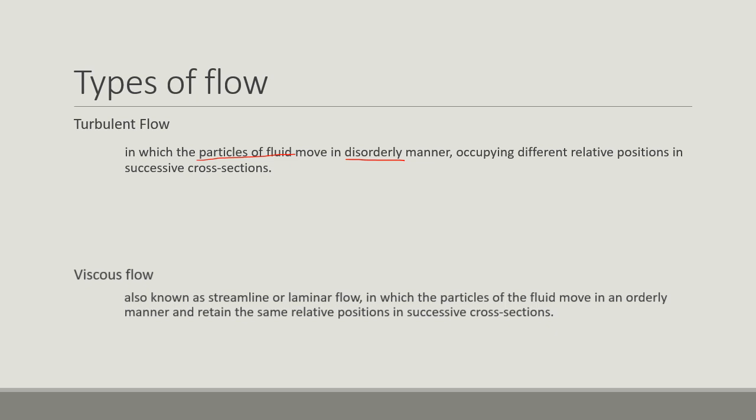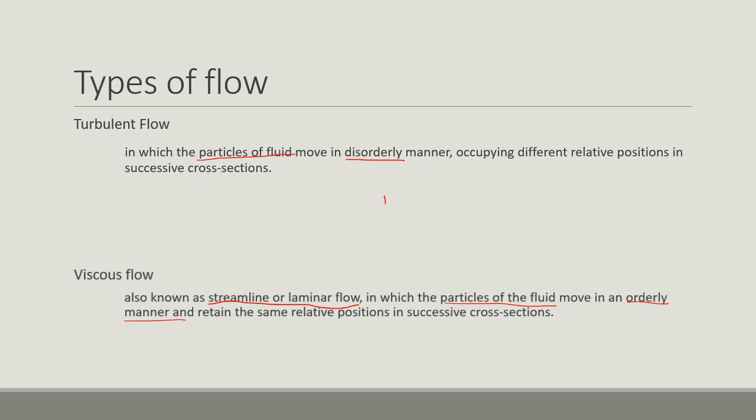That is, in turbulent flow, there is a disorderly movement of particles, while in viscous flow, which is also known as streamline or laminar flow, the particles of the fluid move in an orderly manner and retain the same relative position in successive cross section.